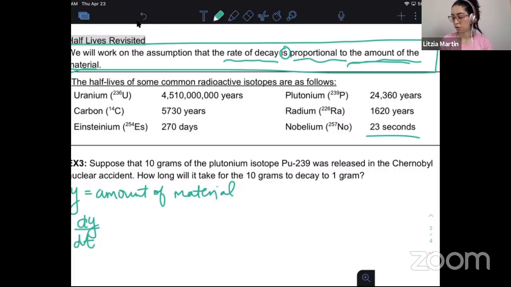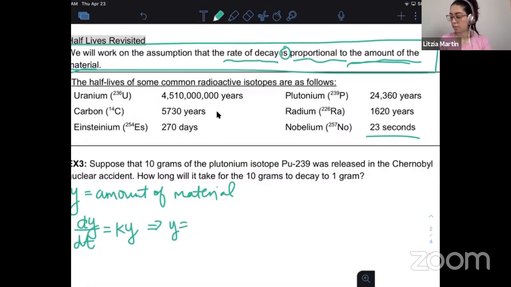So dy over dt is equal to k times y. So there's our rate of decay. And now we know that y, the equation for the amount of material, is going to be c times e to the kt, because that is just using the theorem that we used last time.